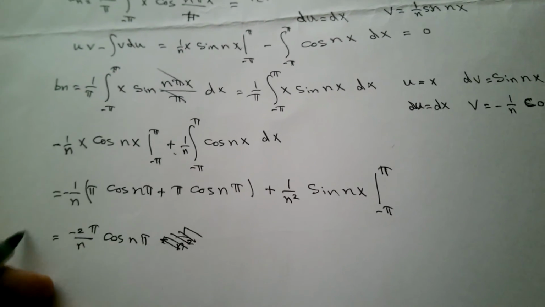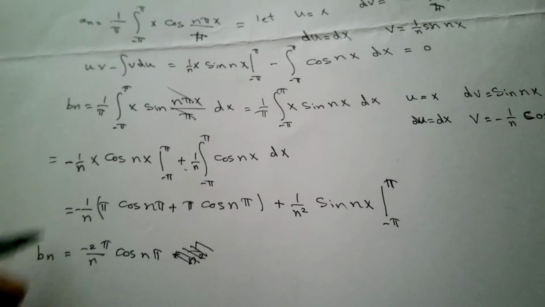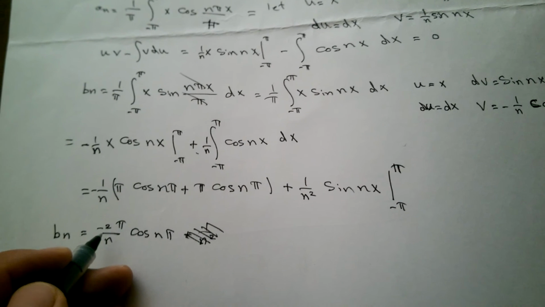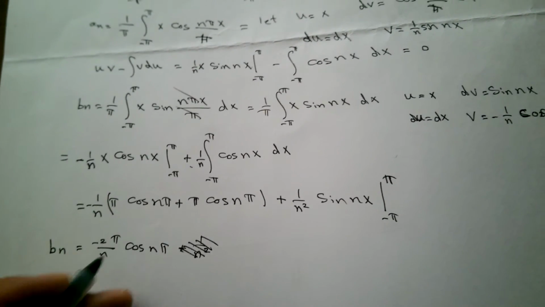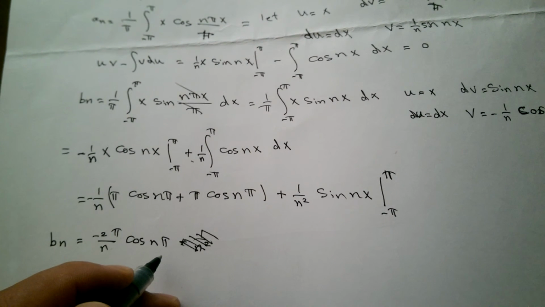Thus bn is equal to minus 2 pi over n cosine of n pi.